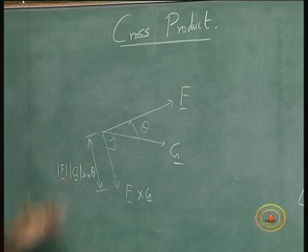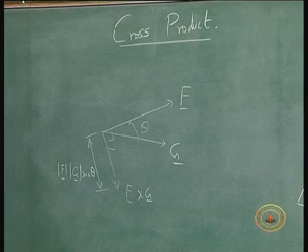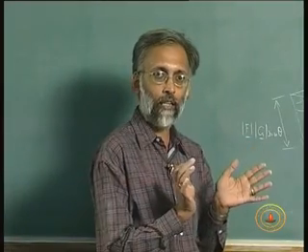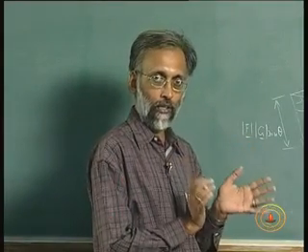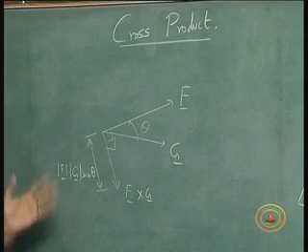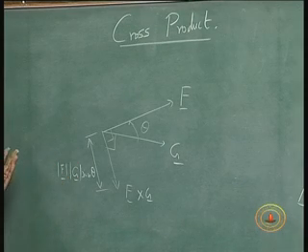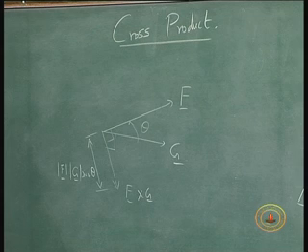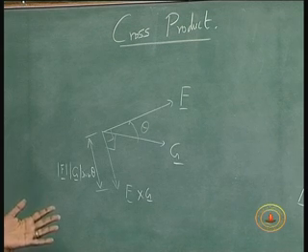So, you will not have any cross product if two vectors are pointing in the same direction. On the other hand, if two vectors are pointing exactly 90 degrees apart, you get maximum cross product. This is exactly opposite to dot product. Dot product, if two vectors are pointing in the same direction, you get maximum. If two vectors are pointing at 90 degrees, you get 0.